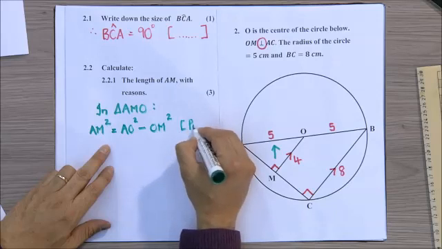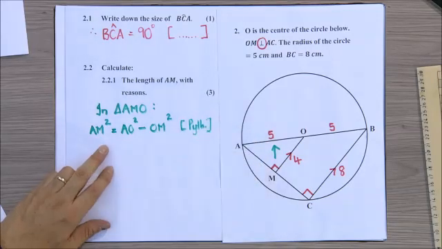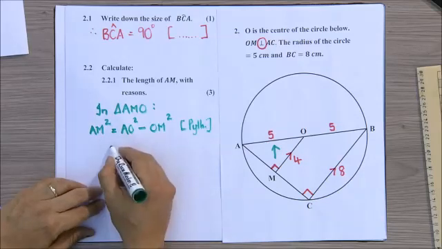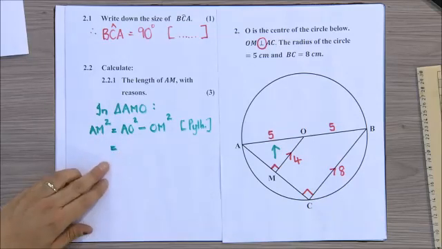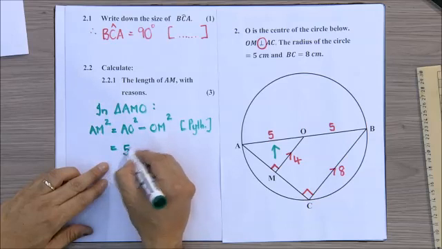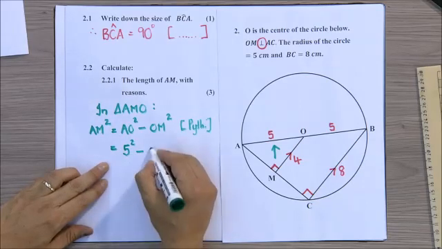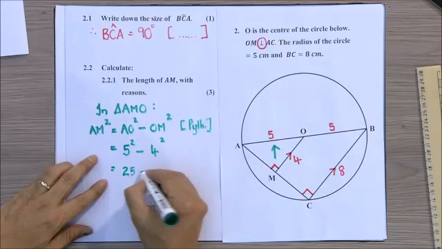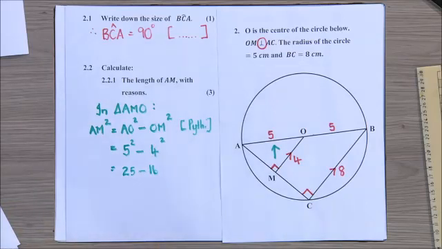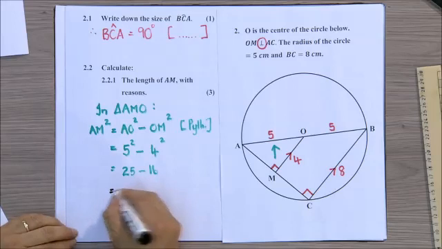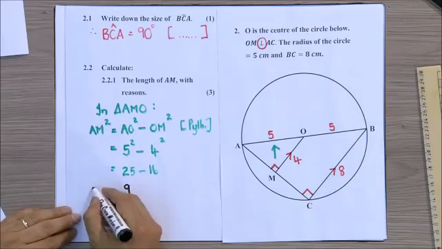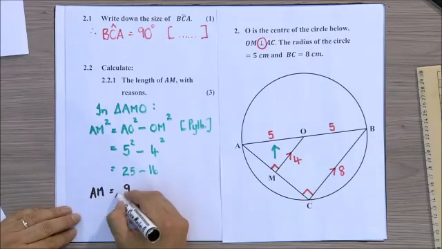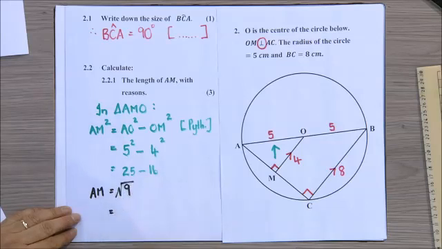And yes, that is Pythagoras. If we put the values in, AO is 5 squared and OM is 4 squared, so that gives me 25 minus 16, which is equal to 9. So AM is the square root of 9, and that is equal to 3.